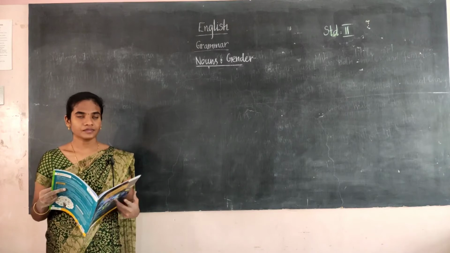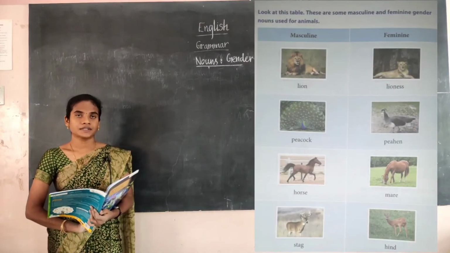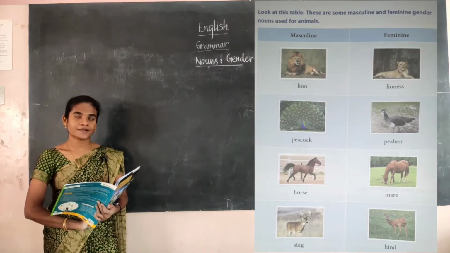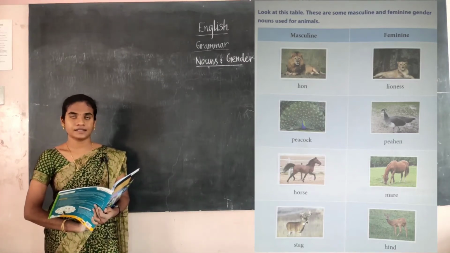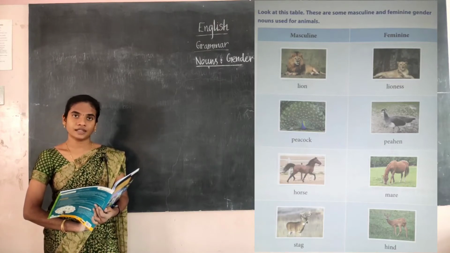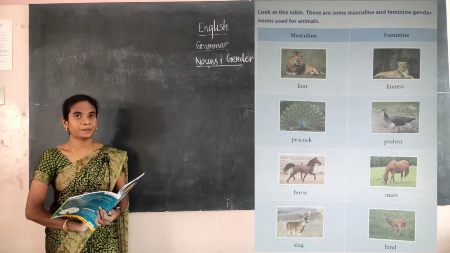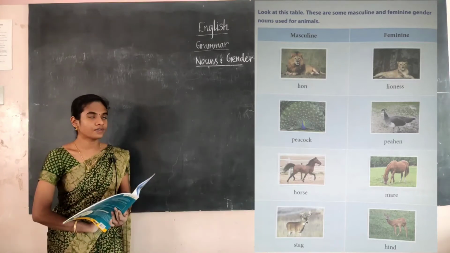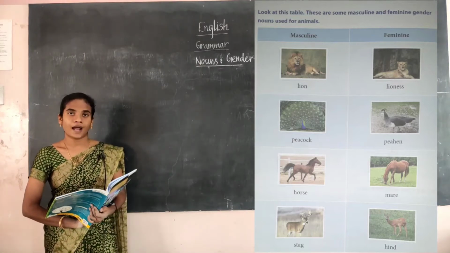Okay students, now see this image. These are the masculine and the feminine gender nouns used for animals. Till now we have seen the masculine and feminine gender nouns used for people. Now we are going to see the masculine and feminine gender nouns used for animals.